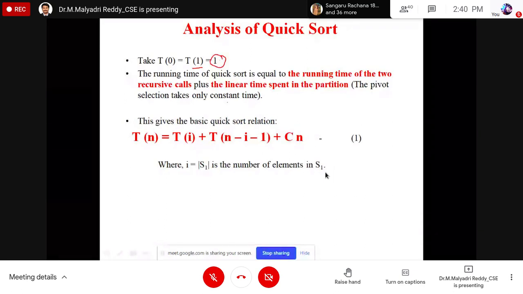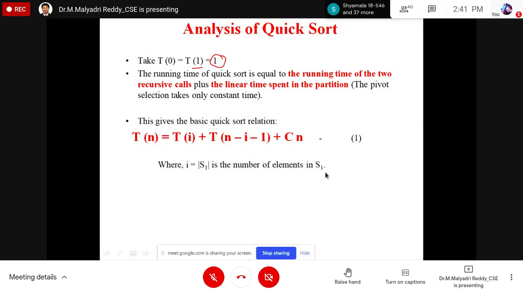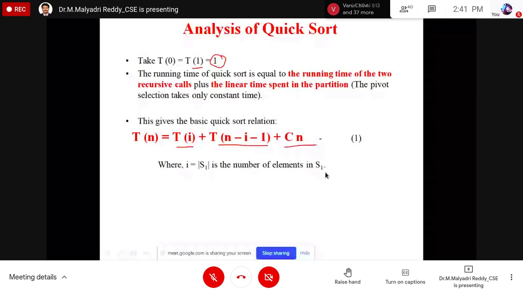If there are more elements and a pivot element, the complexity is the time for I elements on the left side, the remaining elements on the right side, and the splitting time as well. This is the complete complexity for quicksort.